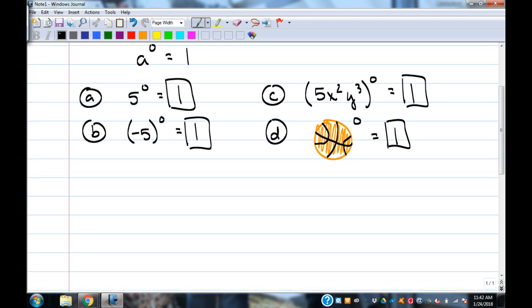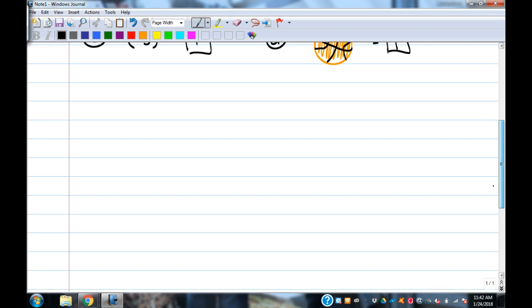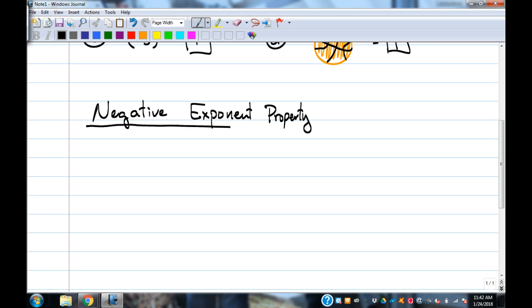Okay. Now, let's get into a little bit more difficult thing, and that's negative exponents. With the negative exponent property, the way that I teach this is I ask you to do all other properties first.